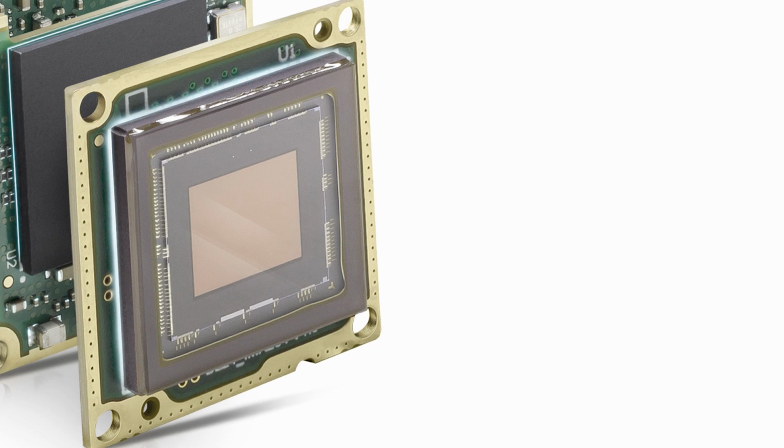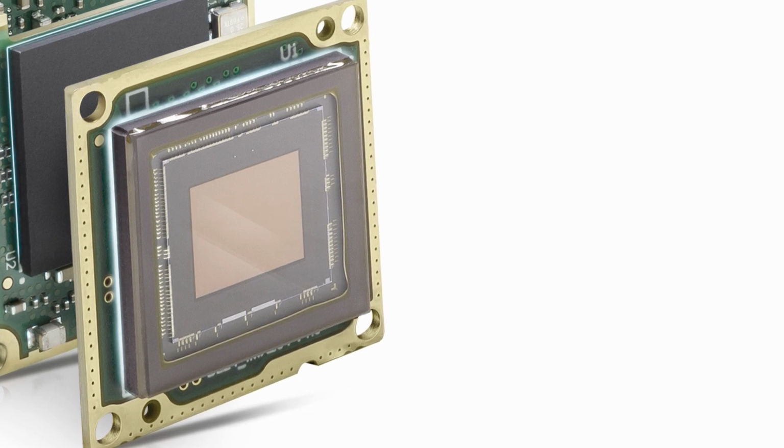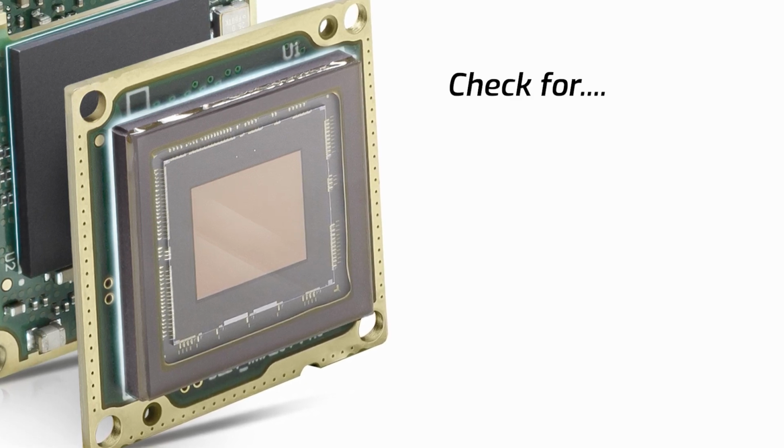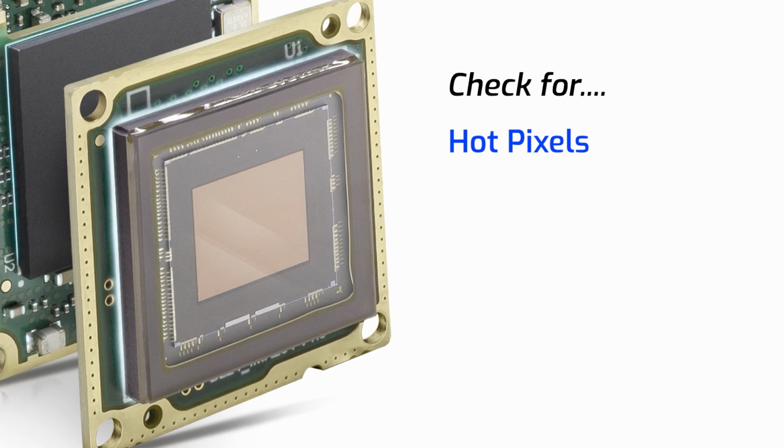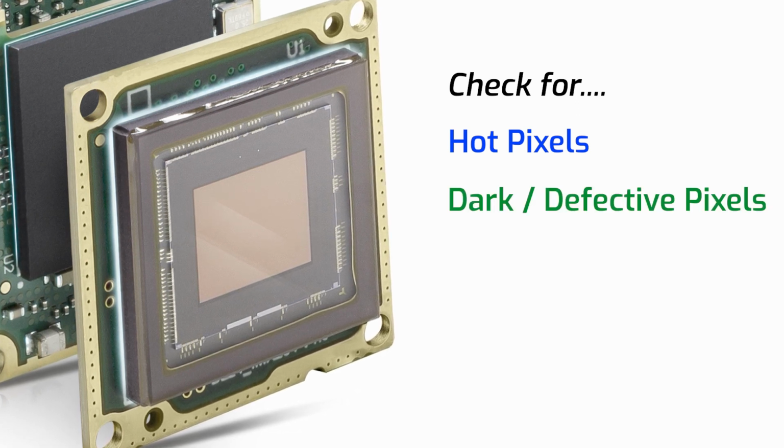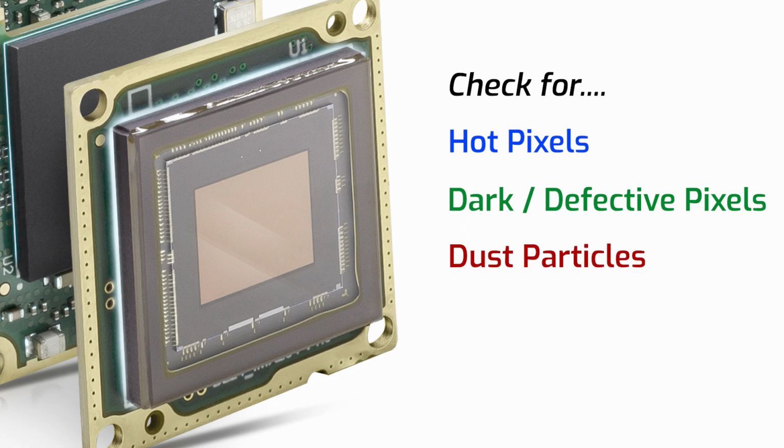Second thing that's important is making sure the camera goes through proper sensor clarity tests after manufacturing. For all of our cameras, we do robust testing to check for hot pixels and darker defective pixels at various camera temperatures, as well as dust particle inspection on both sensor and camera glass. Other important testing is the EMVA 1288 sensor performance tests.